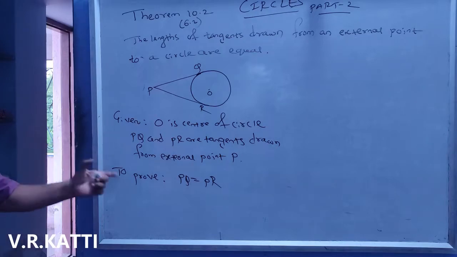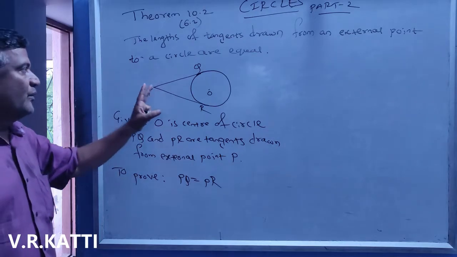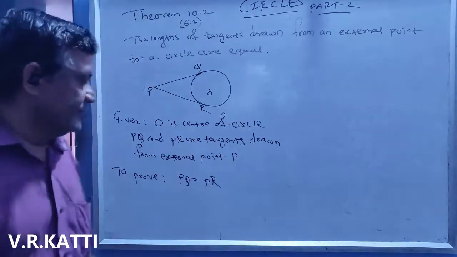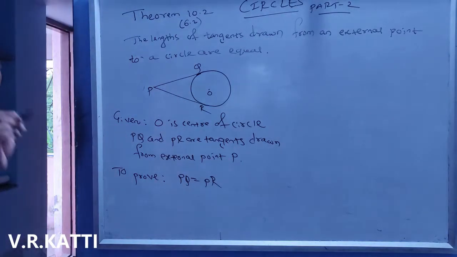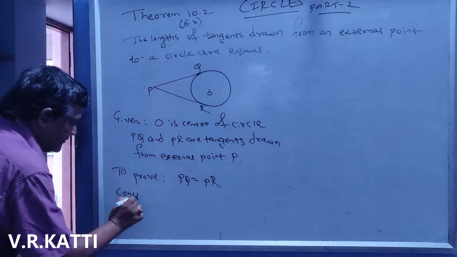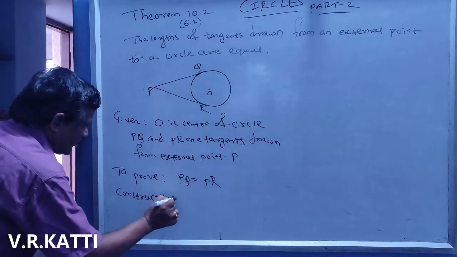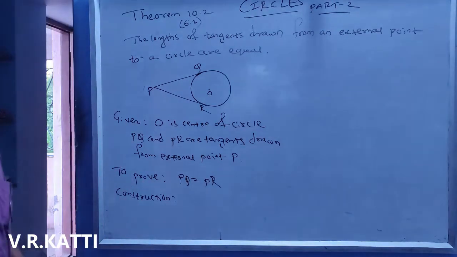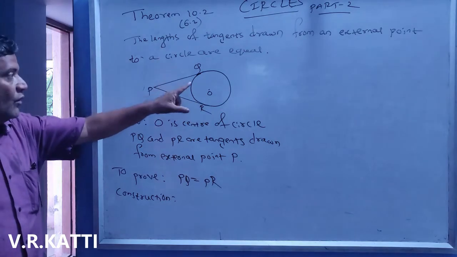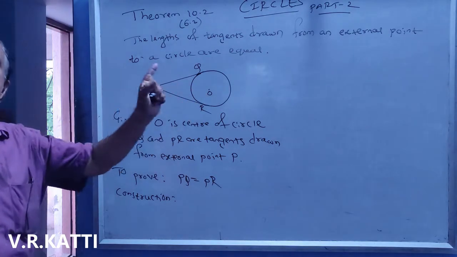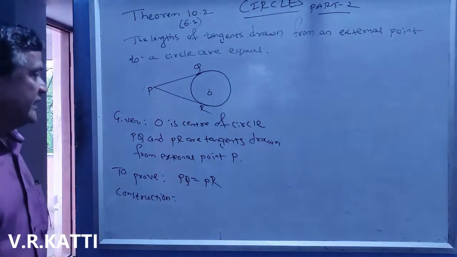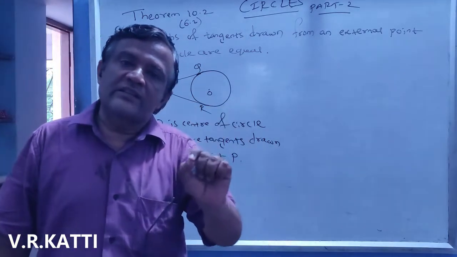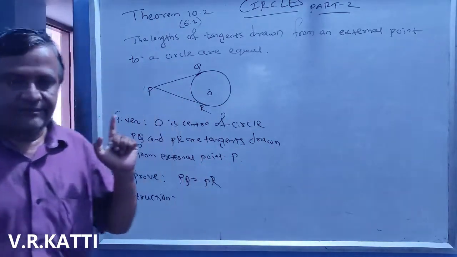Students, for the proof of PQ equals PR, you have to make a construction. So, take down the construction. Join OQ, OR and OP. Remember, students, show the construction with the help of dotted lines.